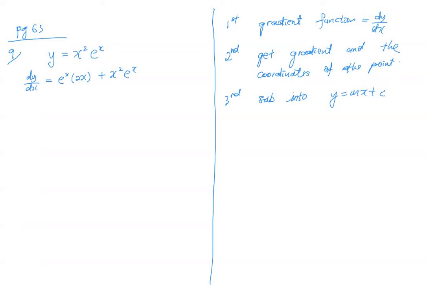So they want it at x equal to 1. So gradient equal to e to the power 1, 2 times 1 plus 1 square e to the power 1. Okay, simplify this. So this is 2e plus 1e. So in total, I have 3e. Am I right? So after I must know the y coordinate also.